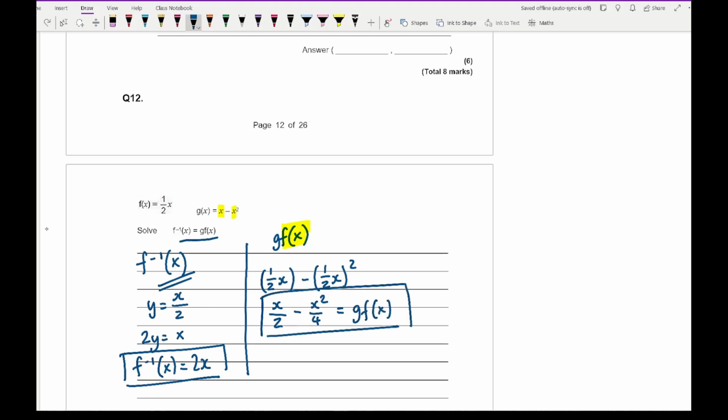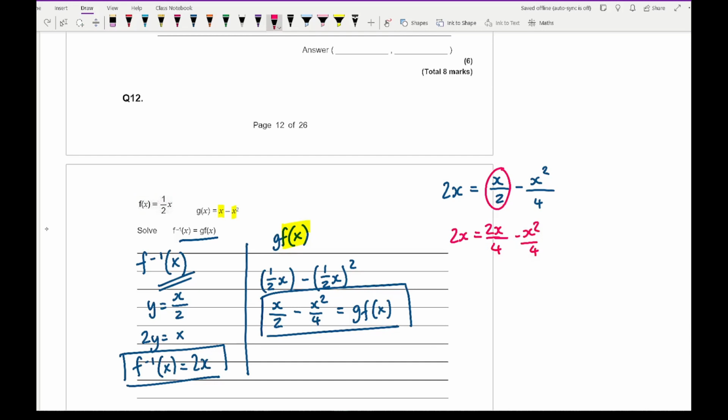Now in the equation, I'm going to make those two things equal to each other. So I've got 2x equals x over 2 minus x squared over 4. So if I change the fraction so we've got a common denominator, I've got 2x equals 2x over 4 minus x squared over 4.